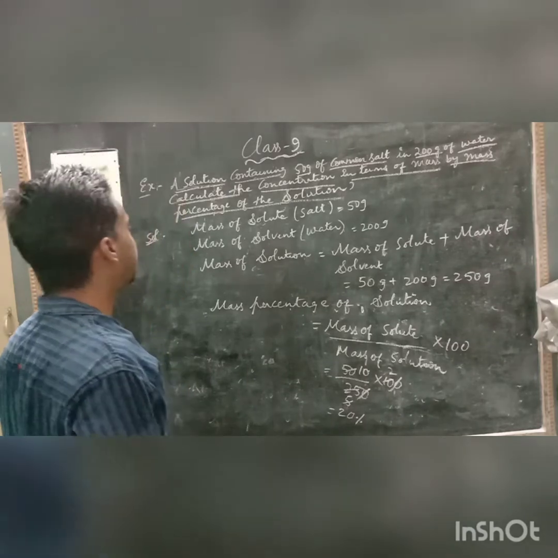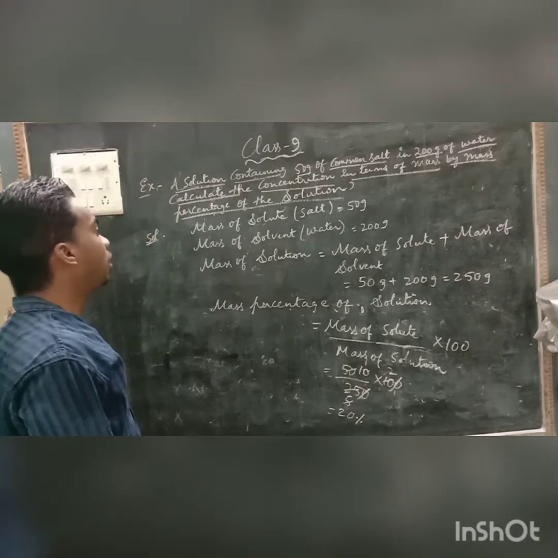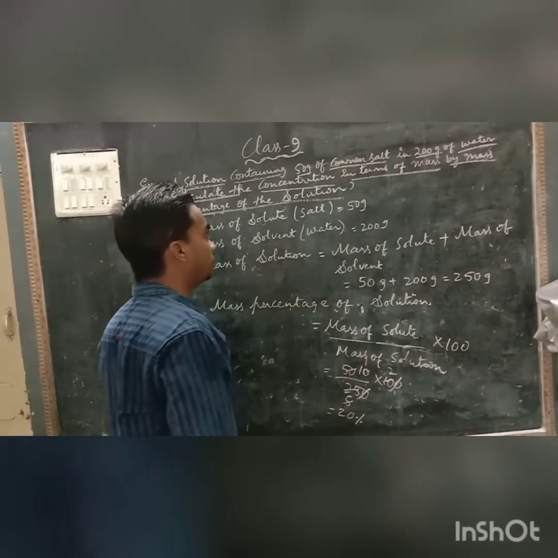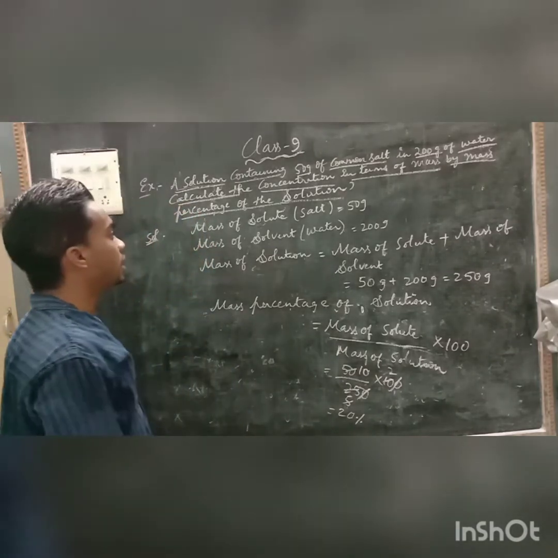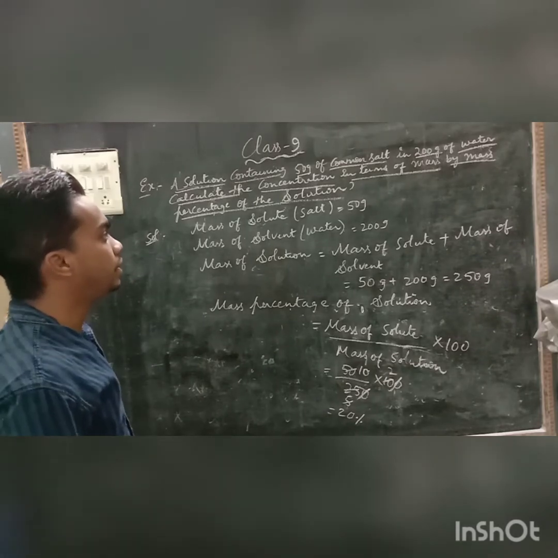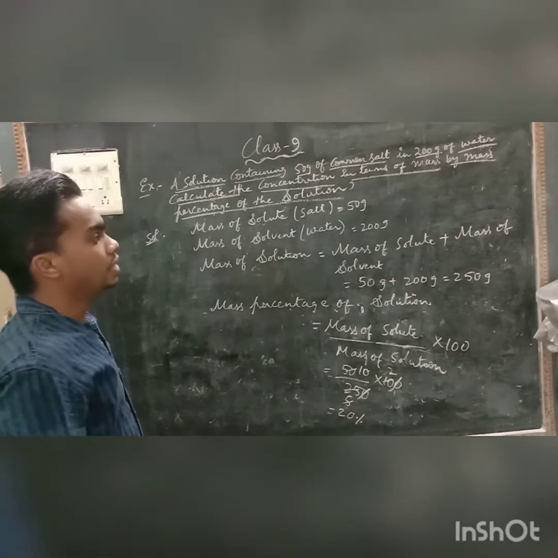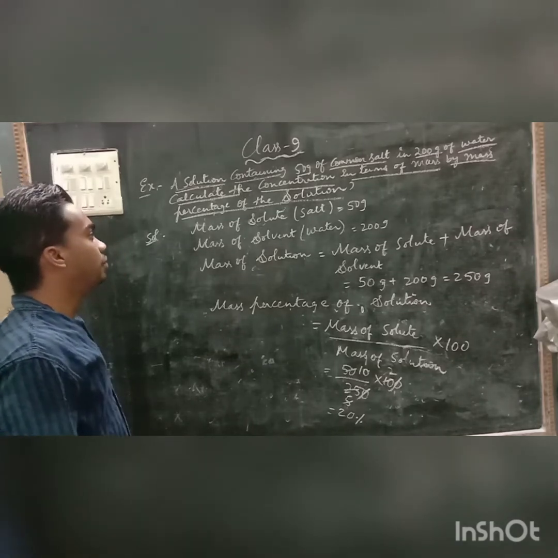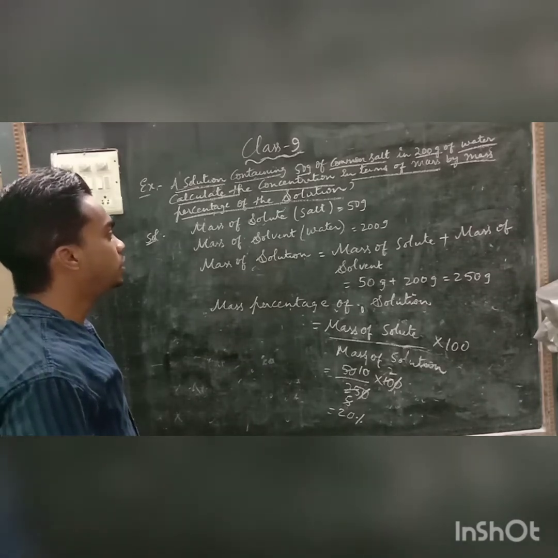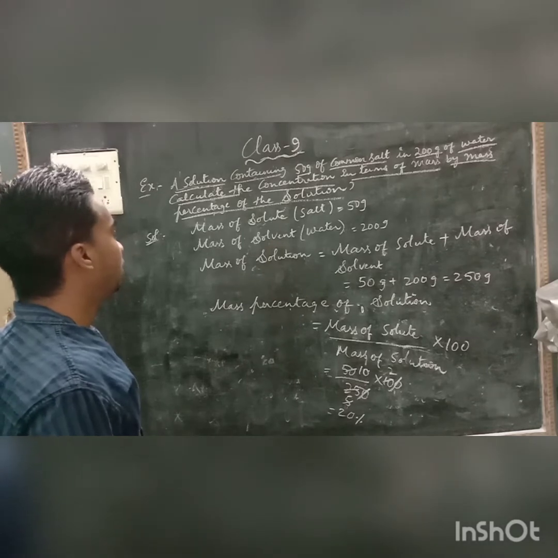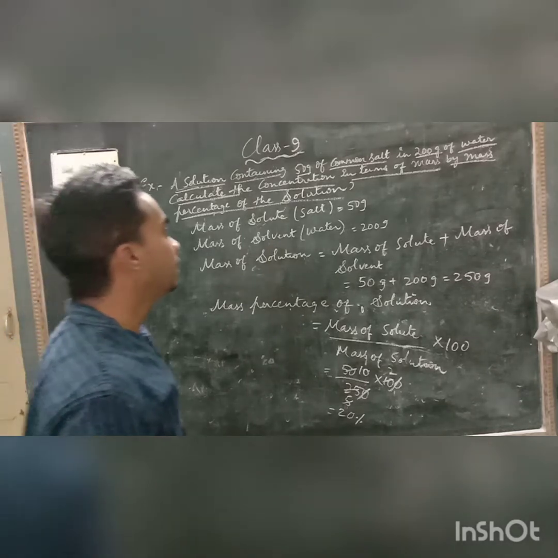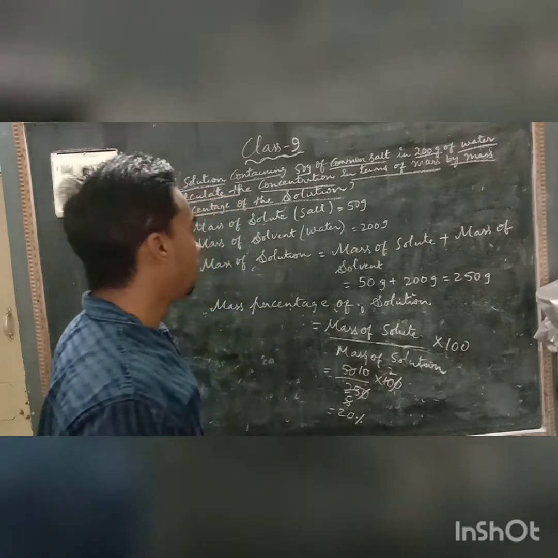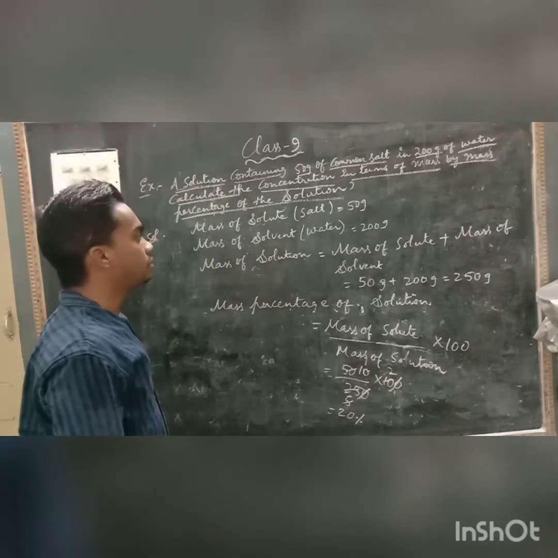Before doing any sum, first you need to identify the given components in the question. What are the values which the question has given, we need to identify. Once we have identified the values, you need to note them down. First you need to identify what is the solute and what is the solvent.